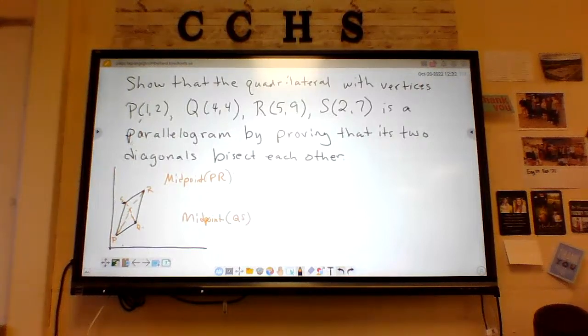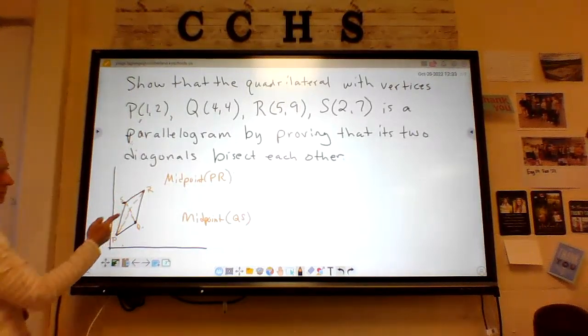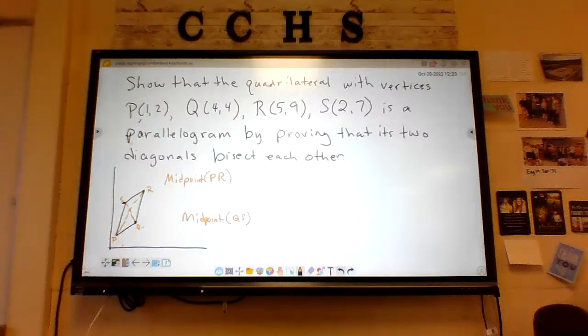So these two diagonals, there and there, we want to make sure that they bisect each other. So this would be one line, right?